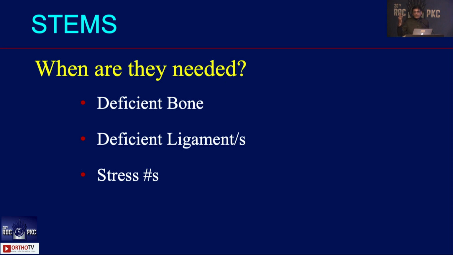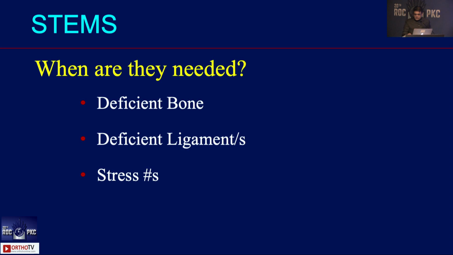When there is deficient bone, you want to augment your fixation. When there is deficient ligaments, bones are good, but your ligaments are deficient, you've now put a higher constraint, as Guru was saying. Now when you have a higher constraint, you're going to have more toggle forces on the implant, and therefore the implant has a higher chance of loosening, and therefore you want to augment it with a stem.